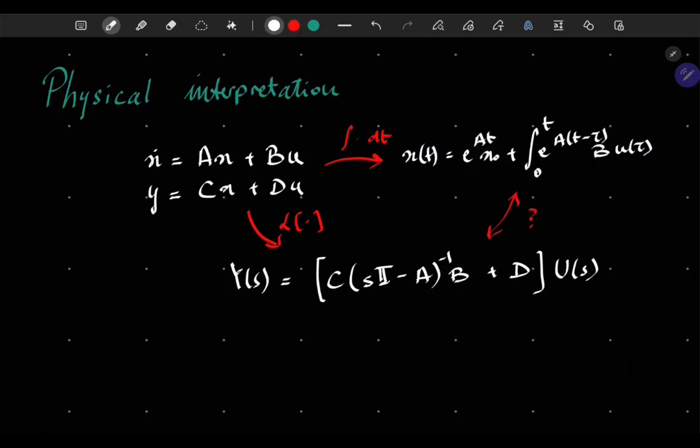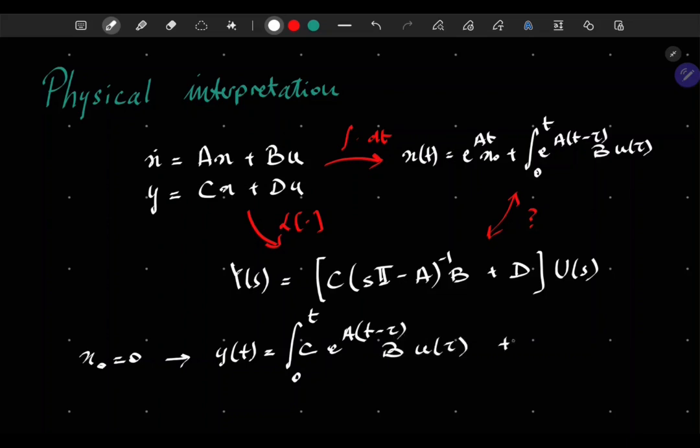Let us write down the expression for y whenever the system starts from zero initial state. So we set x naught equal to 0, and we write y of t is the integral from 0 to t of C times e to the A (t minus tau) times B u of tau, and then we have the term D times u of t.